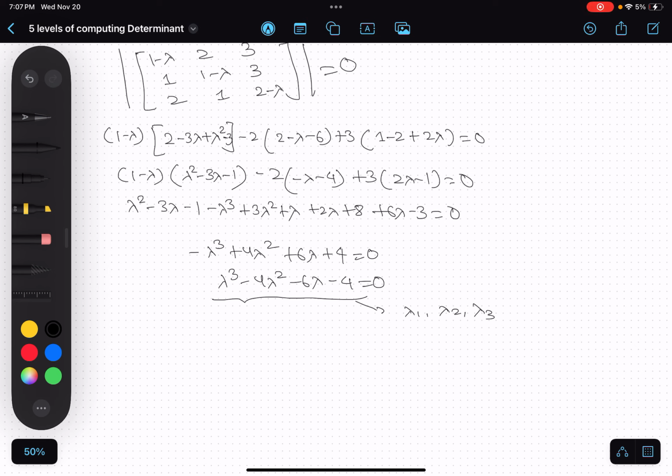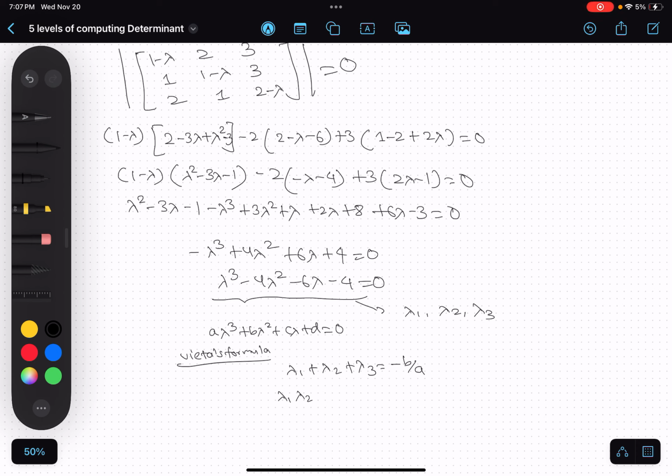Now there's Vieta's formula, which says that for such an equation, let's say a lambda cube plus b lambda square plus c lambda plus d is equal to 0, if the three solutions are lambda 1, lambda 2, lambda 3, then the sum of the solutions will be negative b by a.